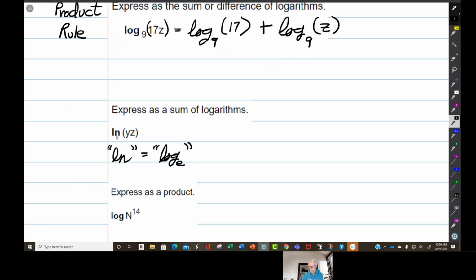That's all it is. So log base e of y times z is going to be the ln of y plus the ln of z. Ta-da! The product rule.